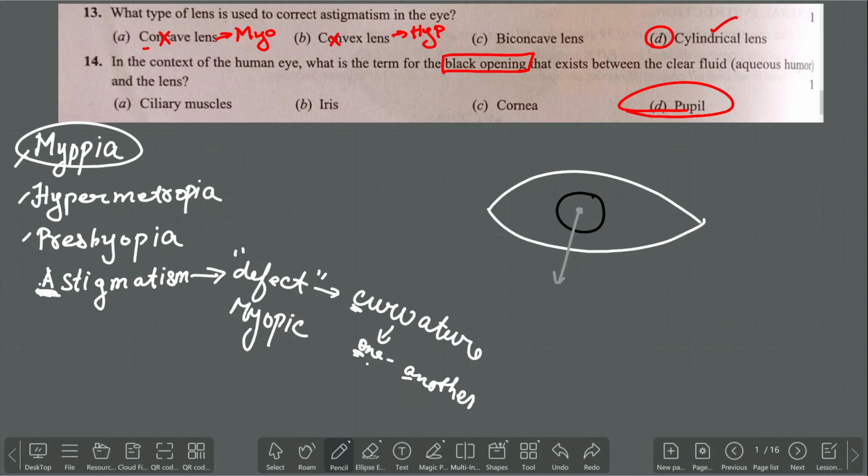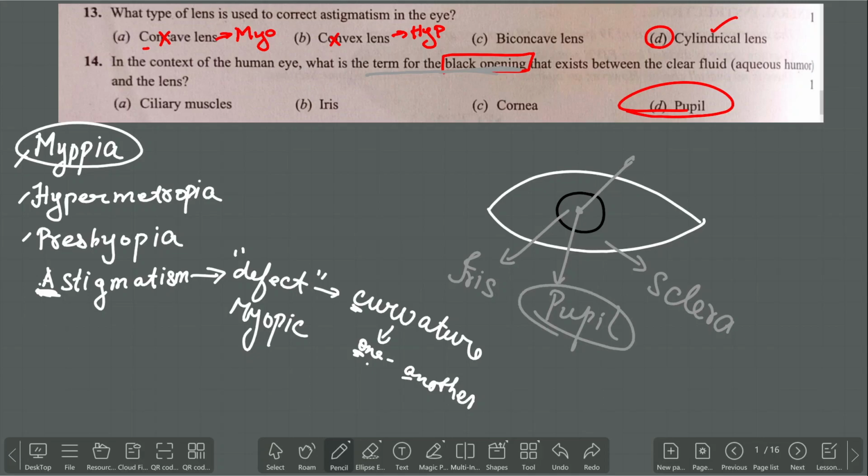This part is called the pupil, this part is called the iris, and this part is called the sclera. So here they are asking, what is the term for the black opening? That means in that black there is a small opening, and what is its name? That name is called the pupil.